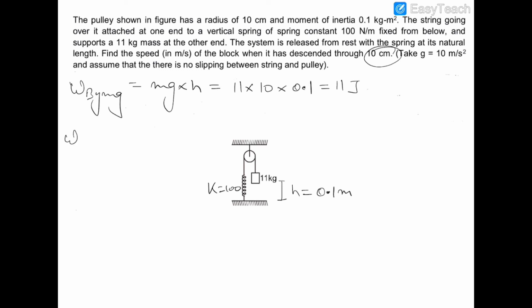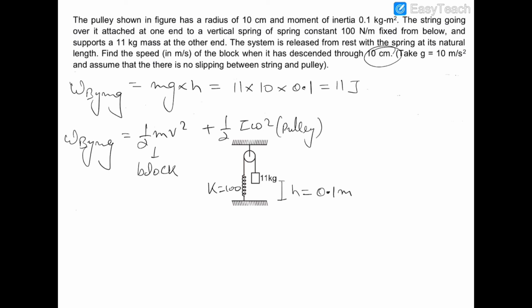So this work done by mg is equal to half mv square of the block plus half I omega square for this pulley plus half kx square for the spring.